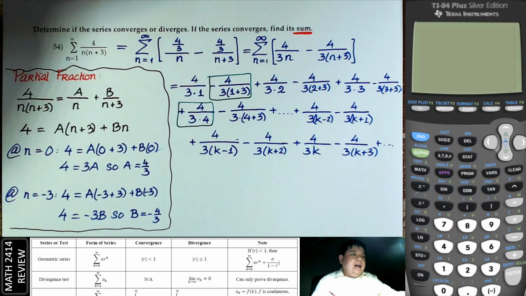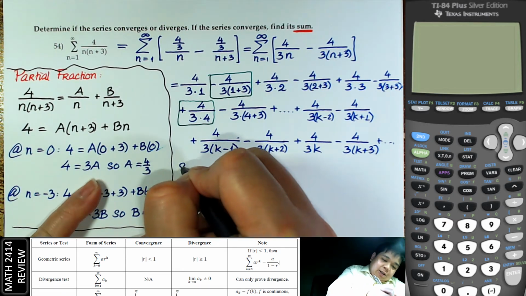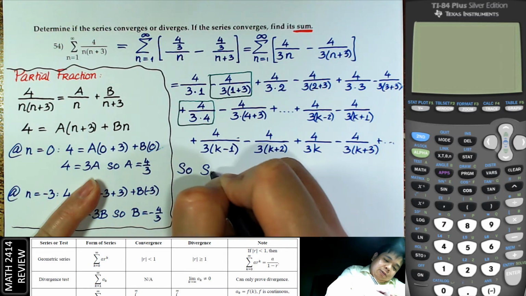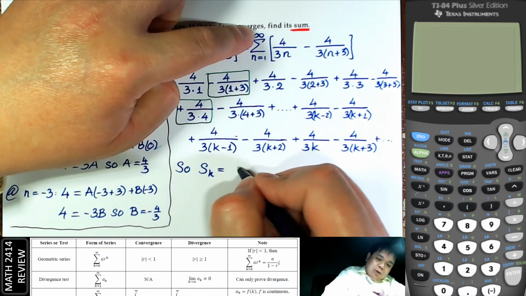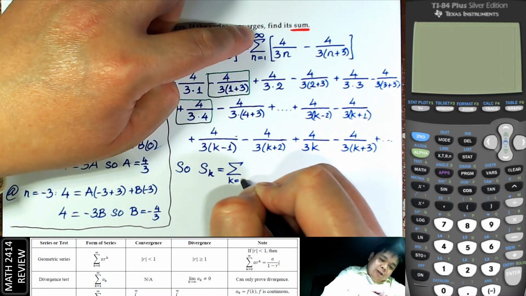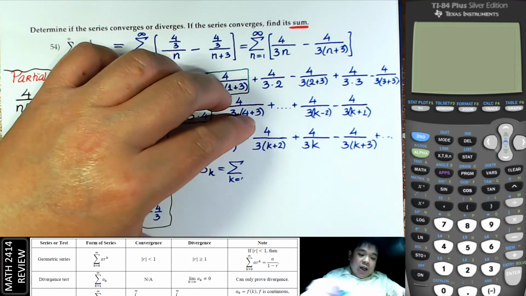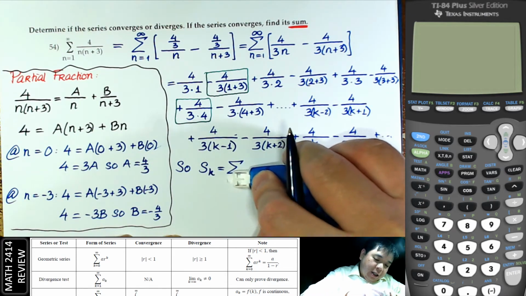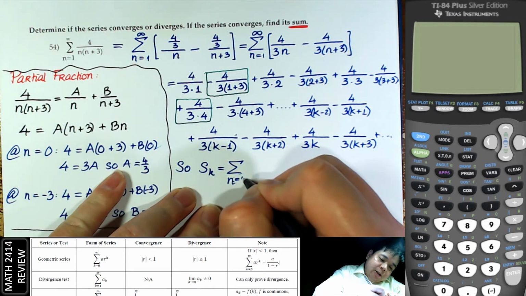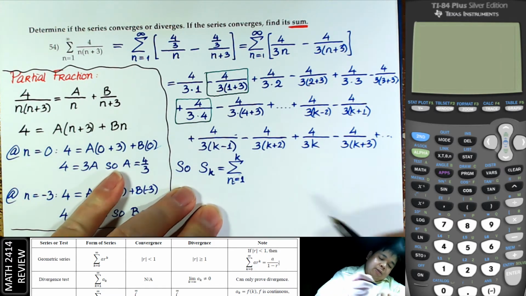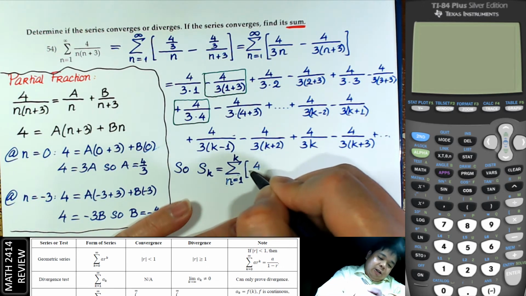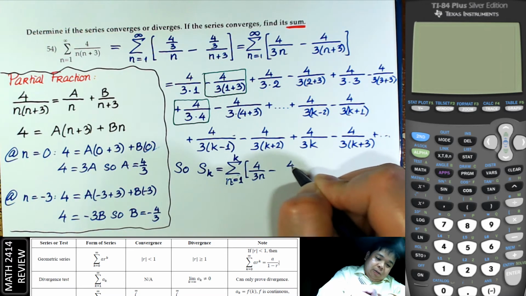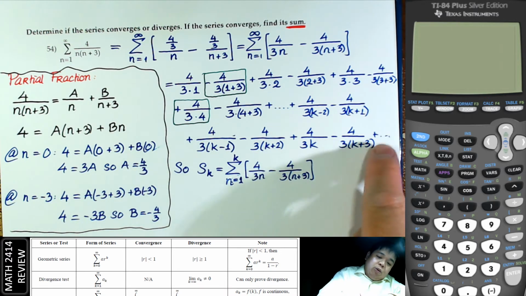Let's keep going. Now if we only stop at k, meaning that if we only stop here, where the index goes from 1 to k, that means we go up to this term.